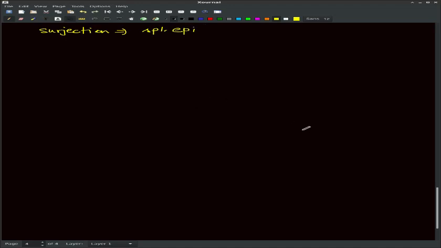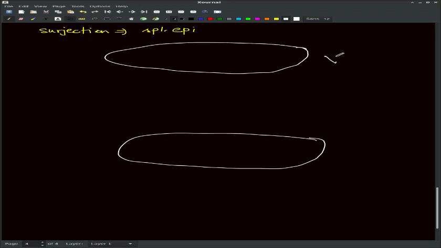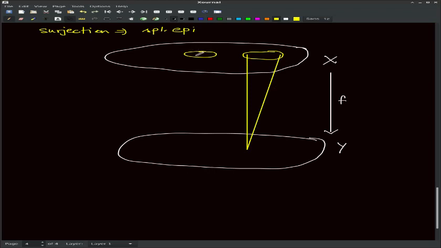Why? What is the picture of a surjection? Here is your X and Y. The moment you give me a function, you have actually given me a partition of the set X. All of this has been taken to this. All of this has been taken to this.